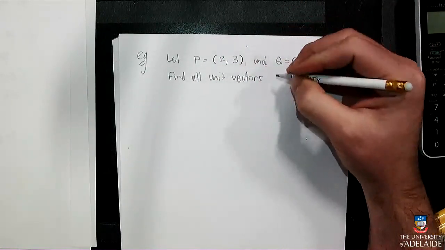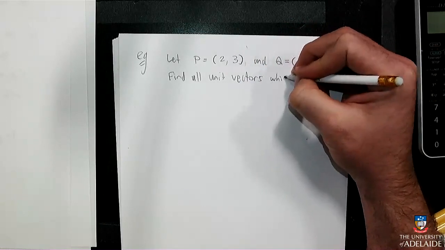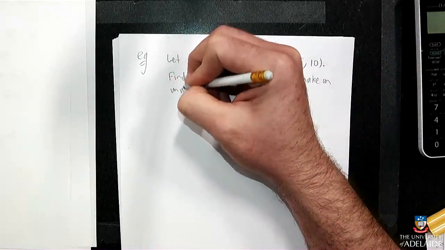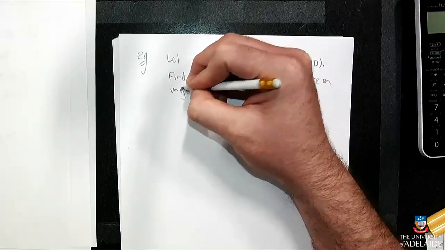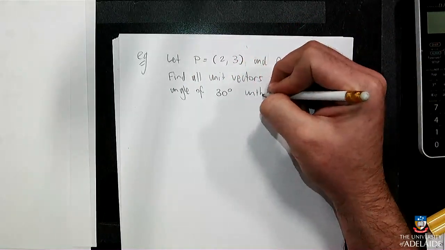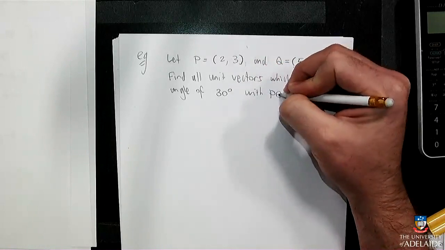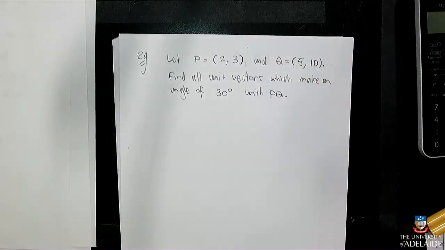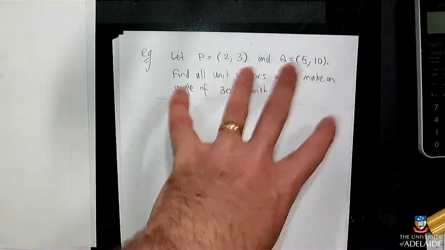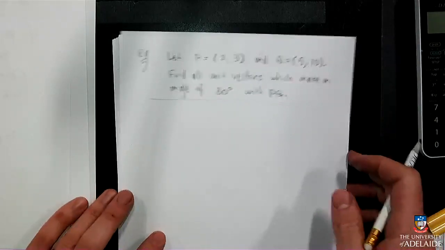Find all unit vectors which make an angle of 30 degrees with PQ. Now, it's a random question with random things just being connected in random ways. It's not particularly meaningful, but you need to be able to do these sorts of things because people keep asking you. So I'm going to draw a picture of this first to get a handle on what's going on.